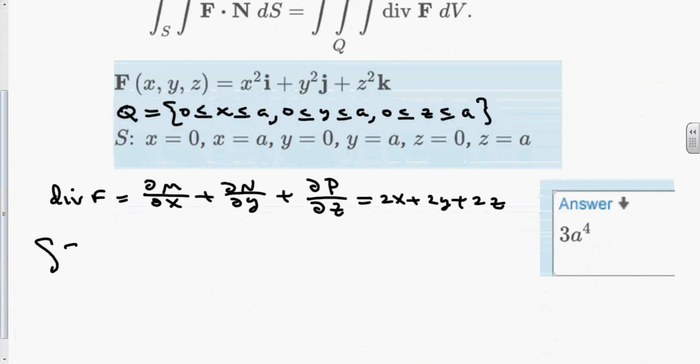So we have this triple integral of the divergence, which we get 2x plus 2y plus 2z. And here, if we use dz, dy, dx, each one goes from 0 to a.